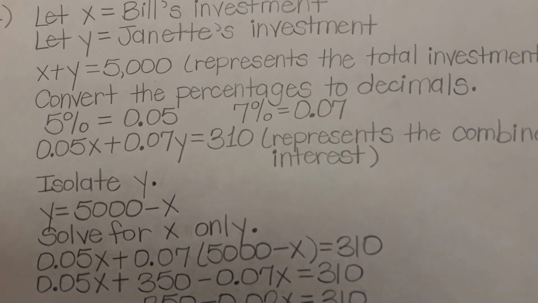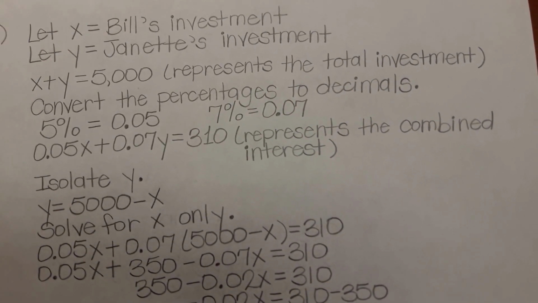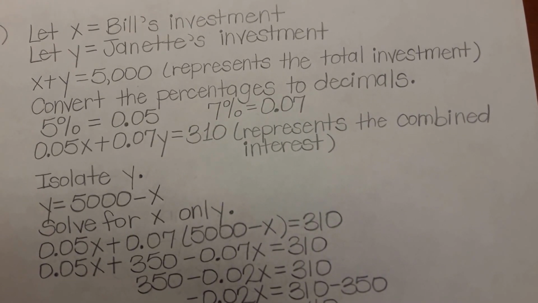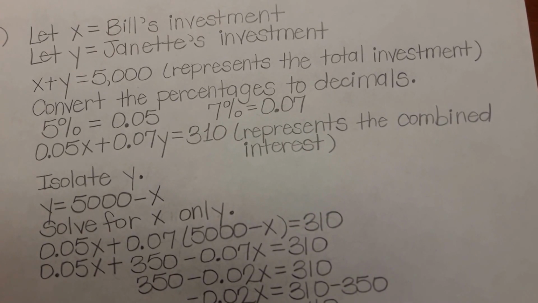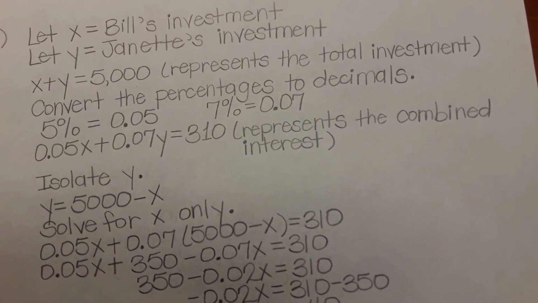Look at number 41. This is our last example. 41 says, Bill invested some money at 5% annual interest, and Jeanette invested some at 7%.